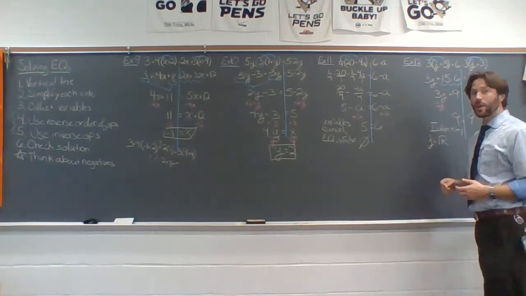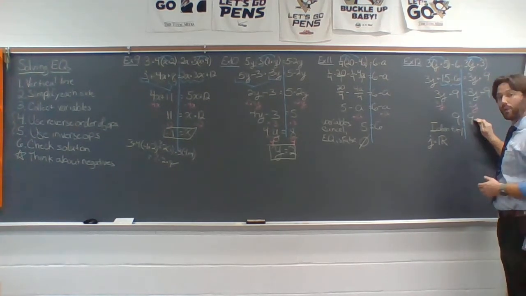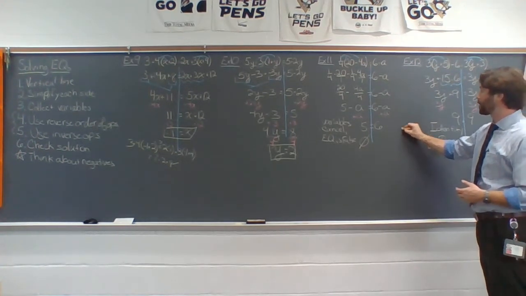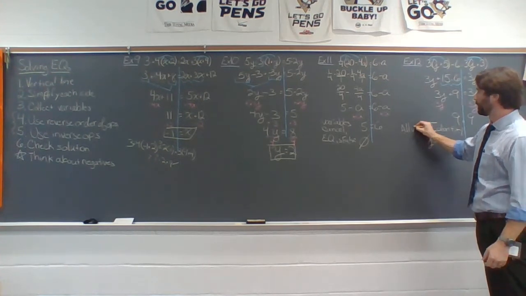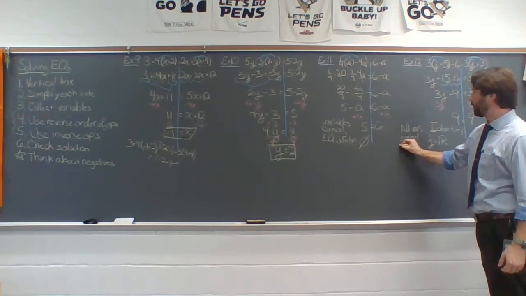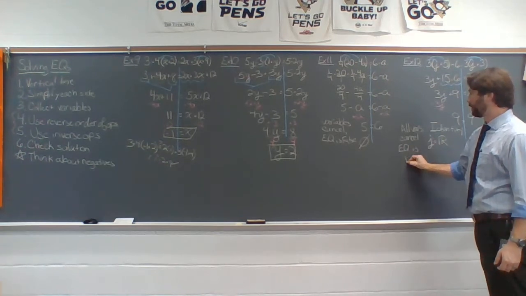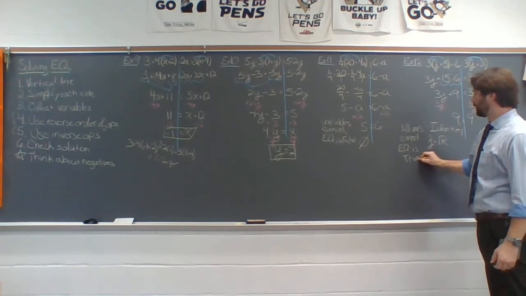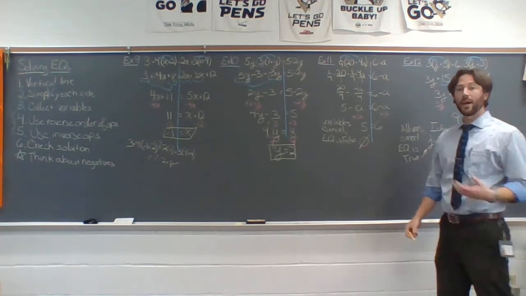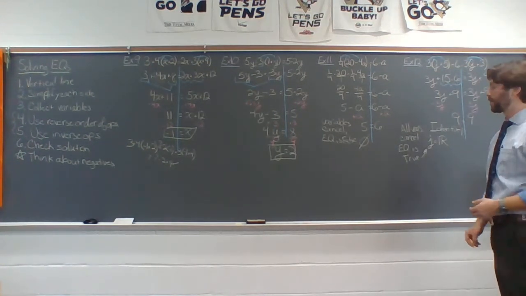In this case, all of the variables canceled, and we were left with an equation that was true. When all the variables cancel, and your equation is true, you're talking about an identity. You're talking about all real numbers being your solution.